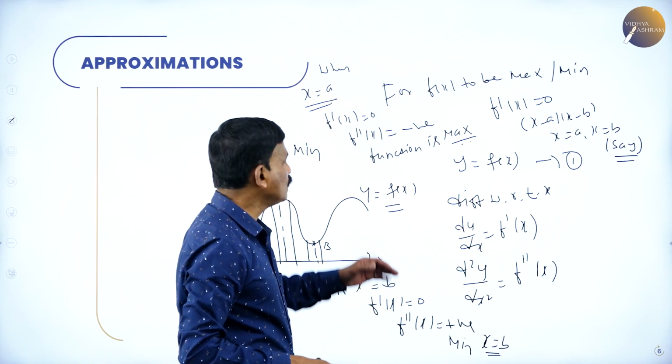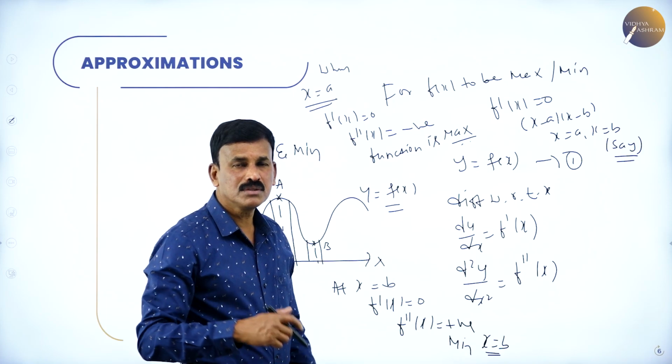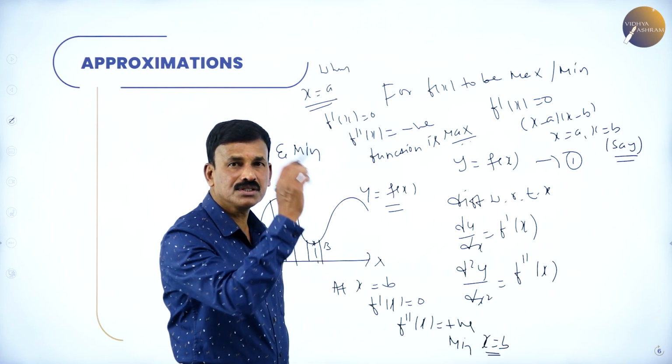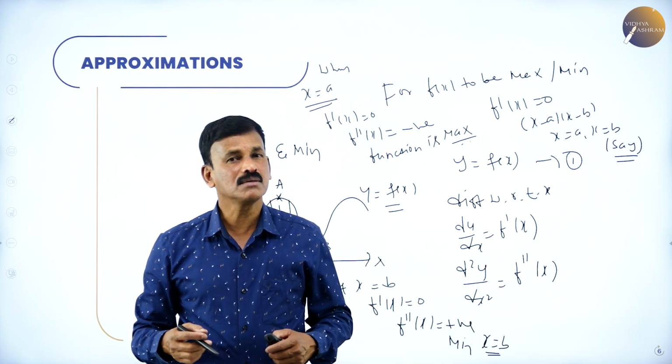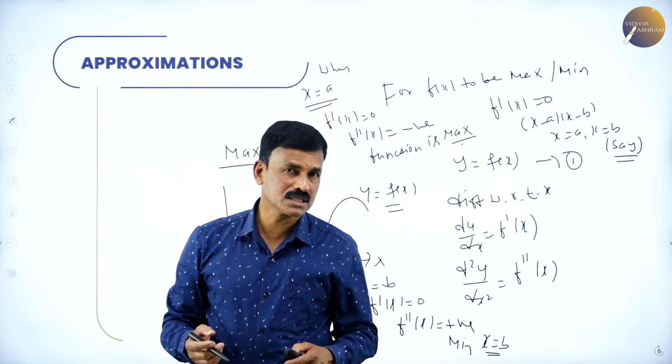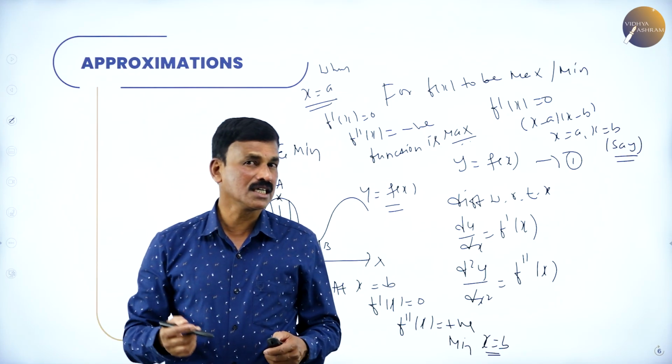So the maximum value and the minimum value are got by substituting the values of a and b in the given equation. This is how we find the maxima and minimum value of a function, local maxima, local minima, and even the extreme values, critical points.